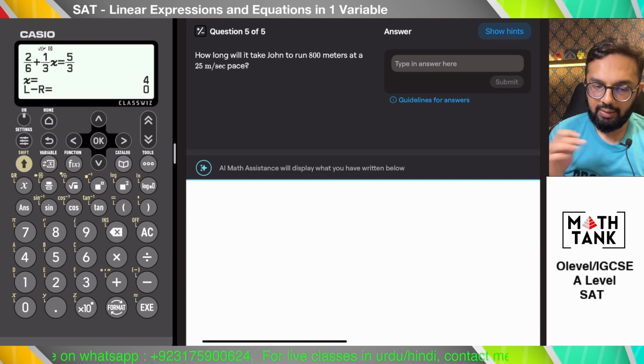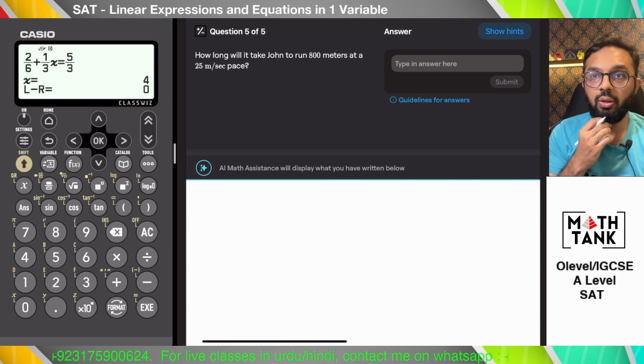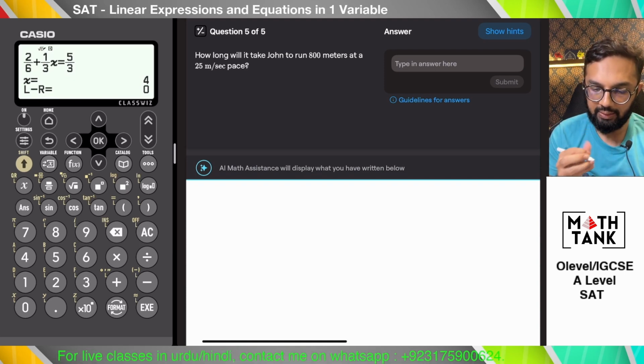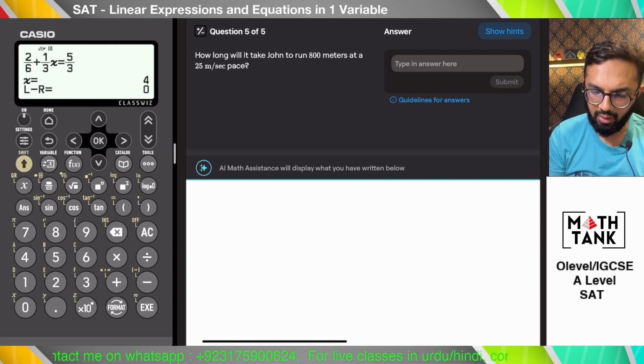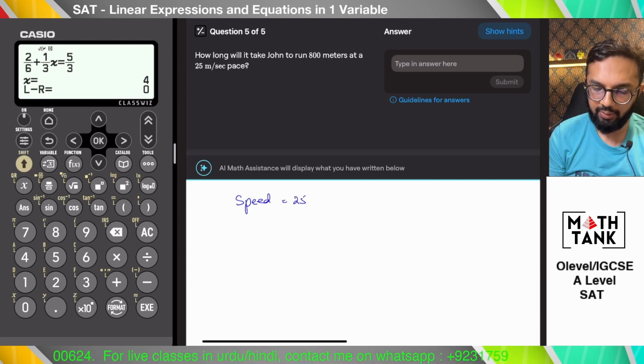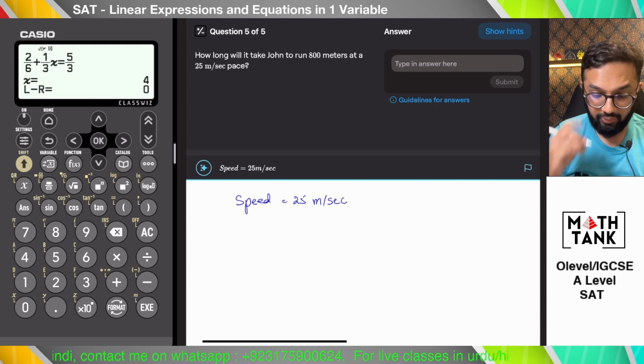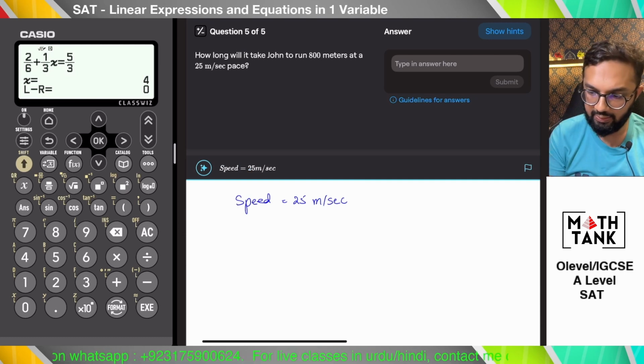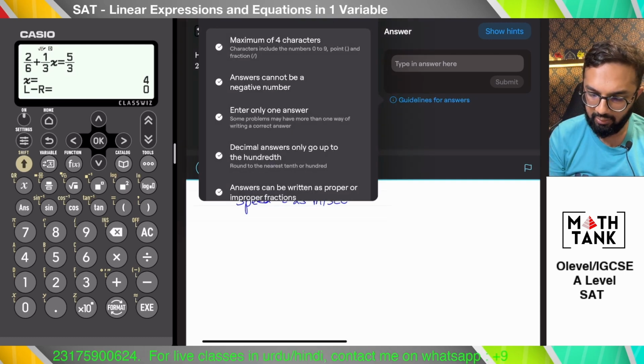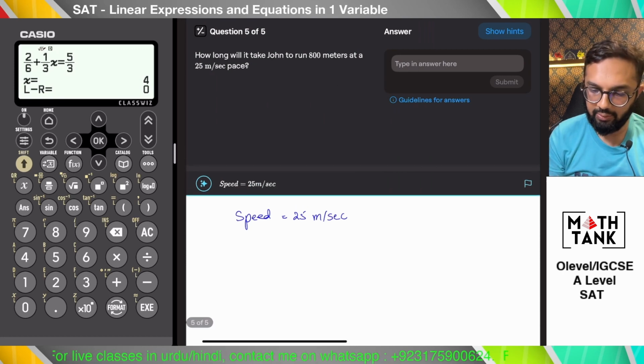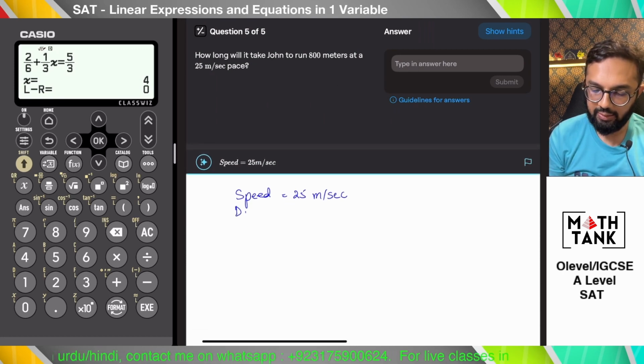Let's look at this question. It says, how long will John take to run 800 meters at a 25-meter per second pace? Okay, so my speed is 25 meters per second. And I'm assuming the answer has to be in seconds because it doesn't say so. Does it say so? It doesn't. Okay, let's check. And the distance that I want to run is 800 meters.